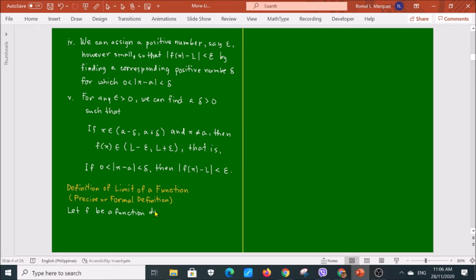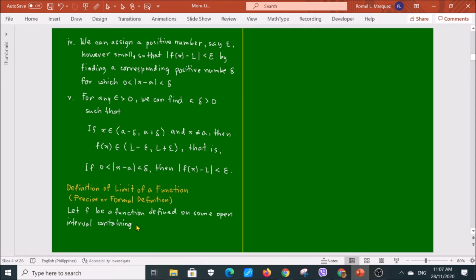defined on some open interval containing x equals a.